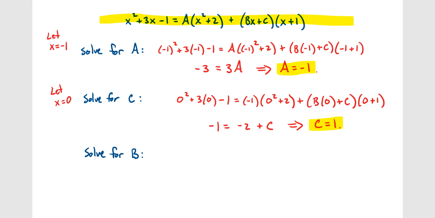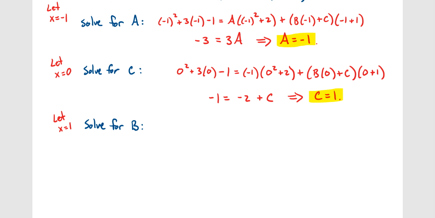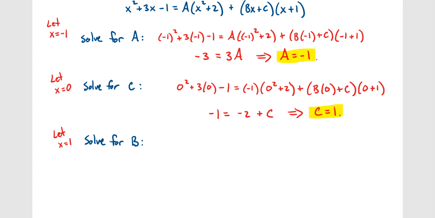So let's let x equal 1. We plug in for a and c and end up getting 1 squared plus 3 times 1 minus 1. Once again, I chose 1 because it's an easy number. You could have plugged in another number.